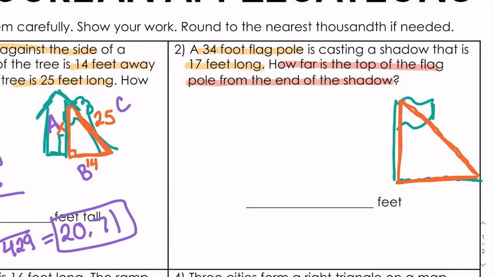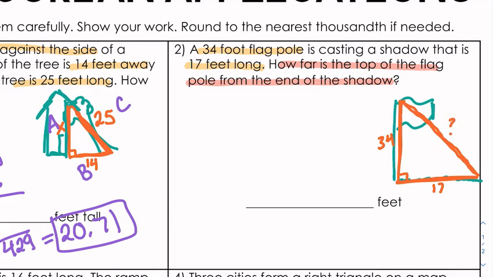And we're going to fill in the information that we know. A 34-foot flagpole means that this flagpole is 34 feet tall. And then the length of the shadow is 17 feet long. So in this situation, they gave us both legs of our triangle, and we are looking for the hypotenuse, which is how far the top of the flagpole is from the end of the shadow.